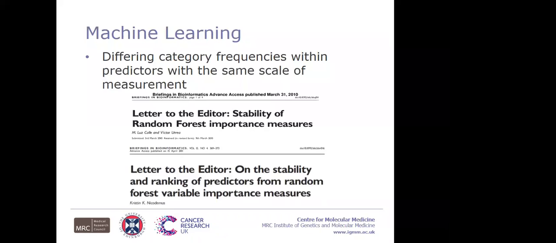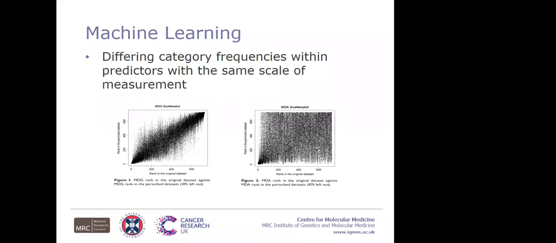Because we have 3 categories for the most part for every SNP. So we don't need to worry about that anymore. We can use the Gini index-based variable importance measure and not have to worry about spurious results. And then I wrote a letter in response to that, and so I'm going to talk about those 2 papers now.